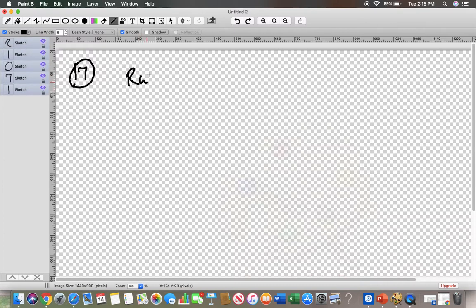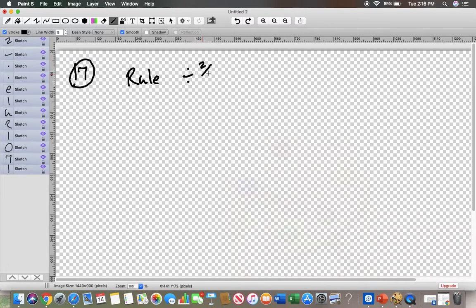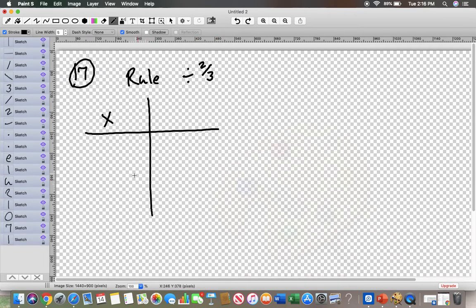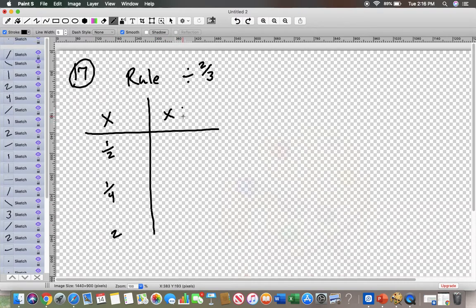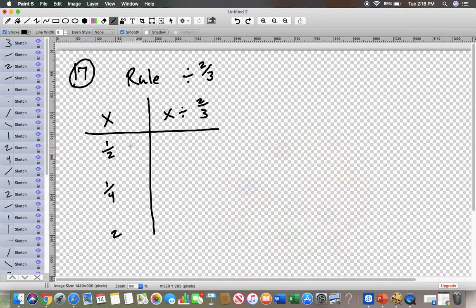So my rule is whatever the variable is, I'm going to divide by 2/3. So here are all my x's. My x's, they tell me, are 1/2, 1/4, and then 2. So I have to figure out, if I were to plug in this value here, what would my outcome be?